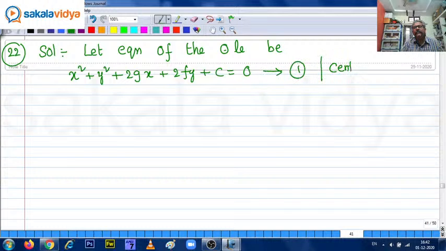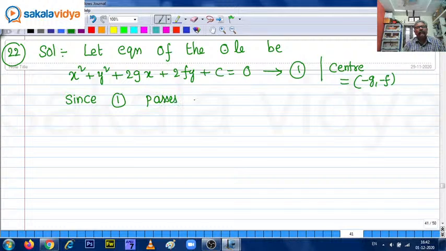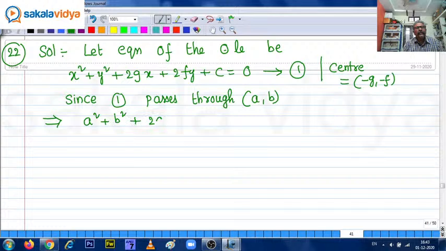The center is obviously (minus g, minus f), and we need to find this locus. Since circle 1 passes through (a, b), substituting x and y we get a square plus b square plus 2ag plus 2fb plus c equals 0.